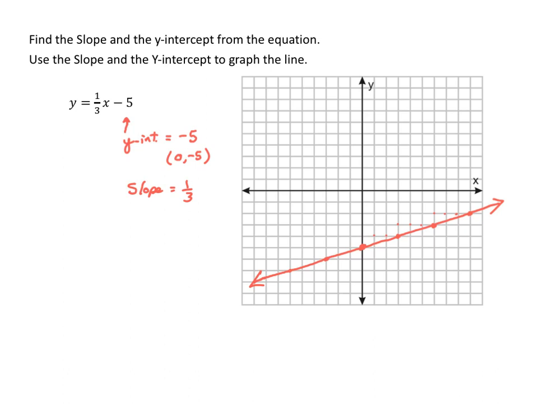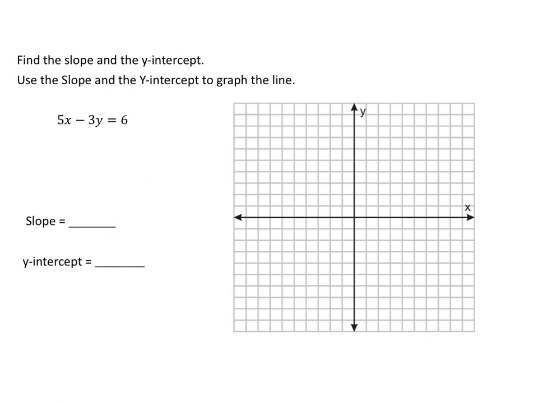Okay, that's all there is to it. Now, if the equation is not in slope-intercept form, then you have to change the equation. You have to solve for y to put it in this form, and then find the slope and the y-intercept.